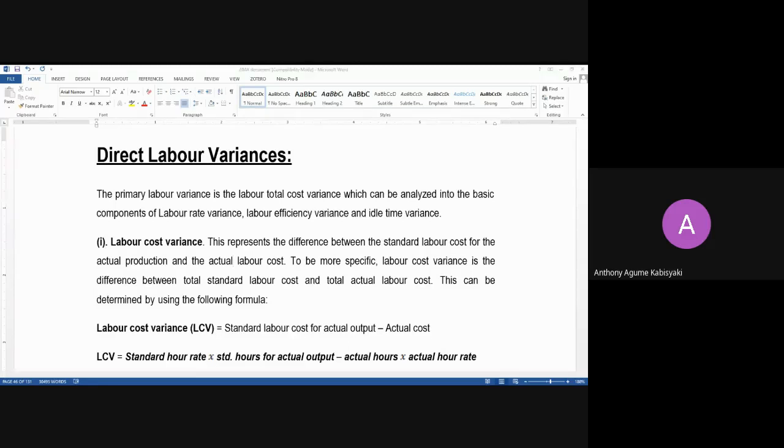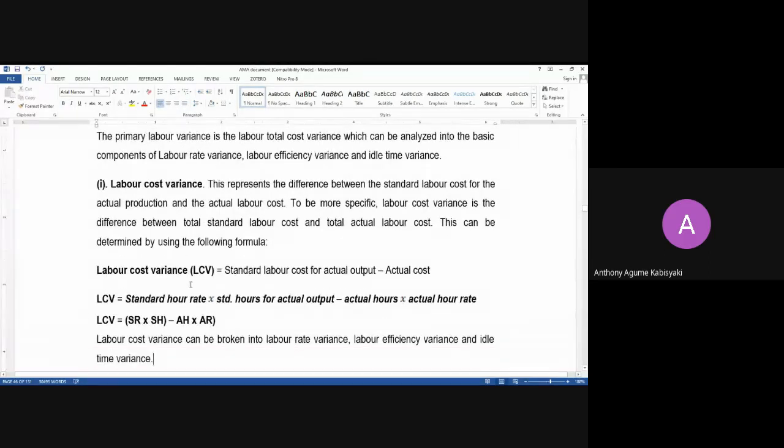So when we are computing some of these labor variances, we need to see how the labor is remunerated. Is it daily? Is it hourly? Because like you see in the formula, if you're computing labor cost variance, I'm saying it is standard labor cost for actual output minus actual cost.